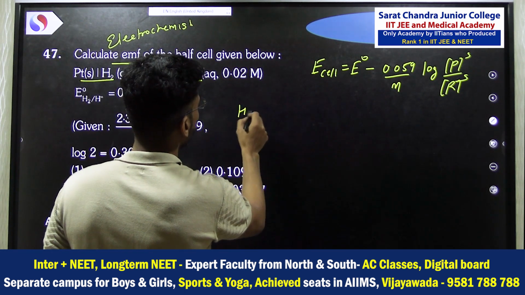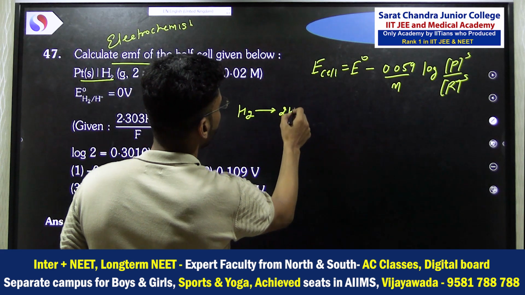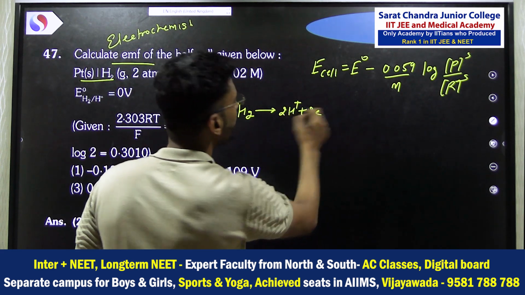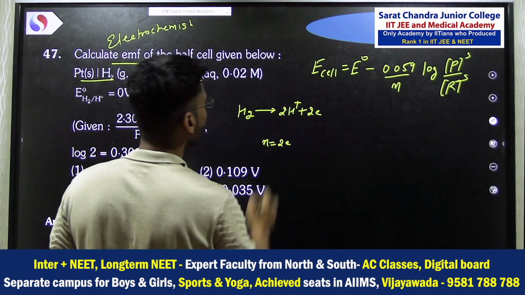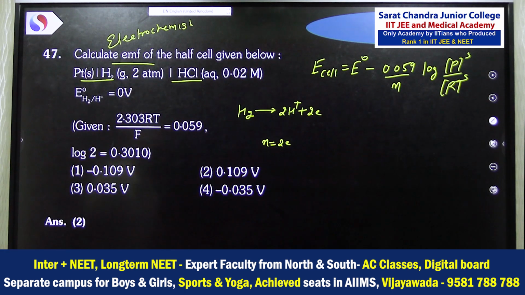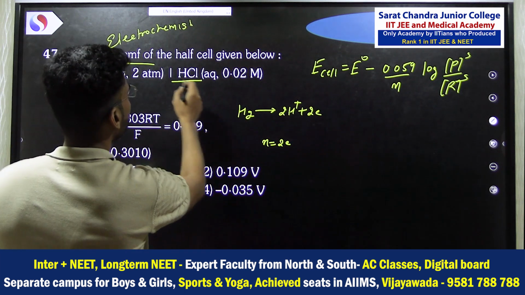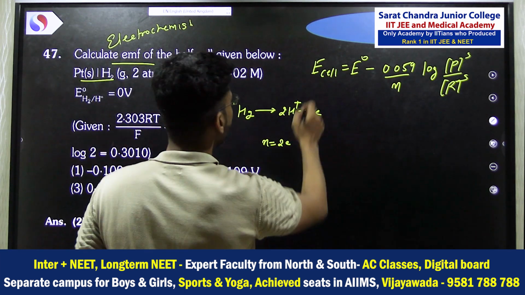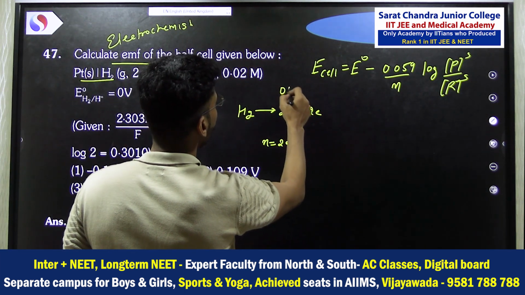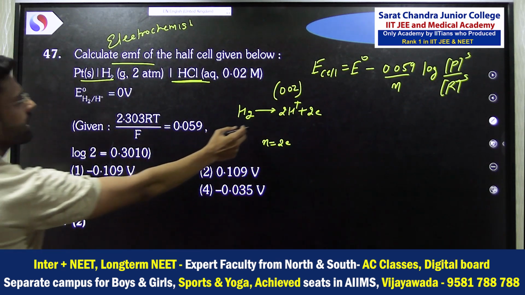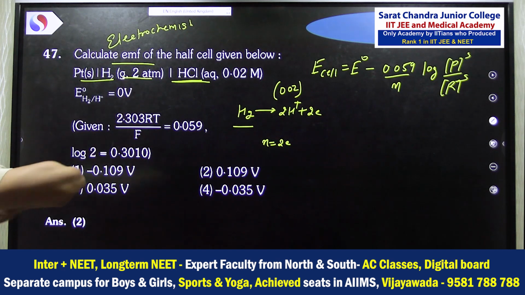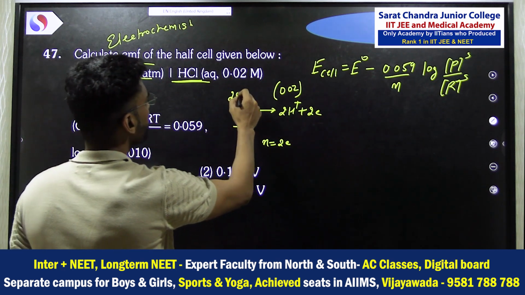Simple reaction: H2 converts to 2H positive and gives 2 electrons. So n value is given here, 2. Concentration of HCl is also given, so concentration of product is 0.02 molar. In the reactant we have hydrogen, for which pressure is given, that is 2 atm.